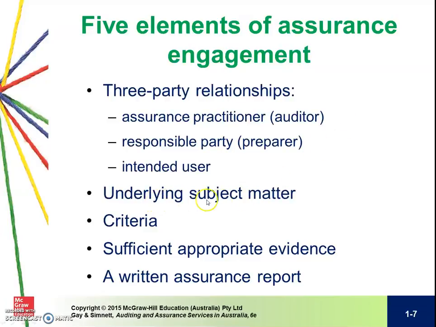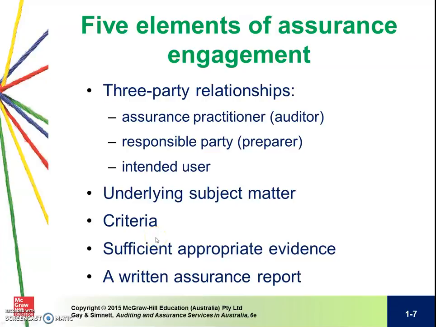Underlying subject matter, criteria, sufficient appropriate evidence, a written assurance report. Let me give you an example. We're talking about financial report audits as one assurance engagement. To perform financial report audits, you have the 3 parties. The underlying subject matter is the financial reports, the financial statements. Criteria is the reporting criteria.